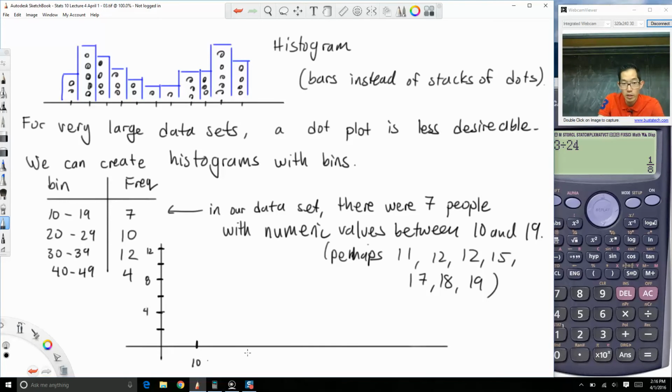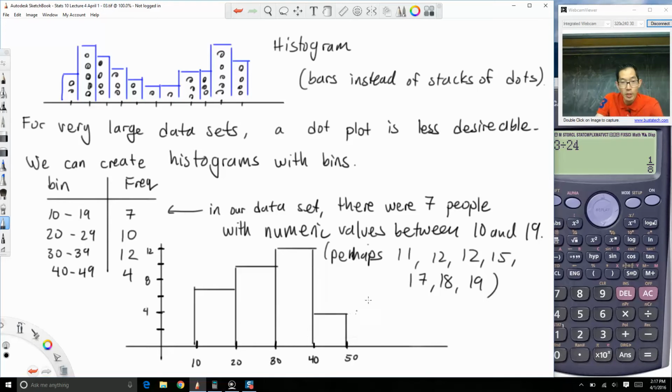And we would have 10, 20, so 7 and 10 and 12, something like that.